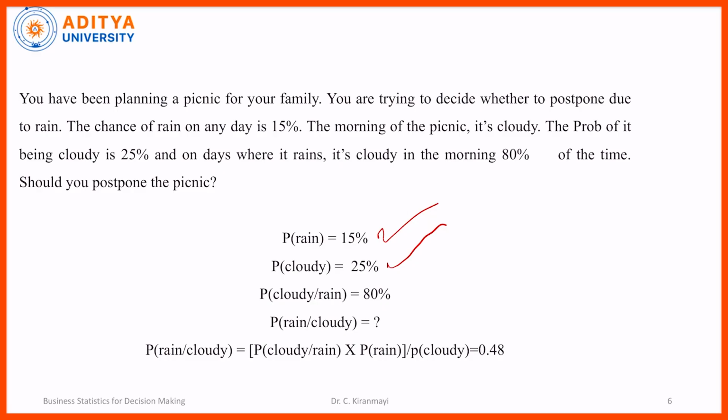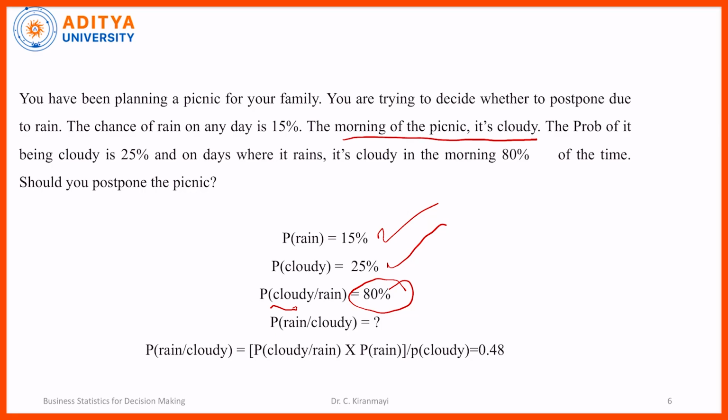This is the data we are given, and in addition, we are also given that if we consider a rainy day, the probability of that rainy day being a cloudy day is 80%. Based upon this data, the individual is in a dilemma whether or not to postpone the picnic, since the day of the picnic is a cloudy day.